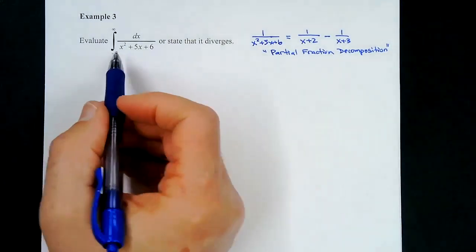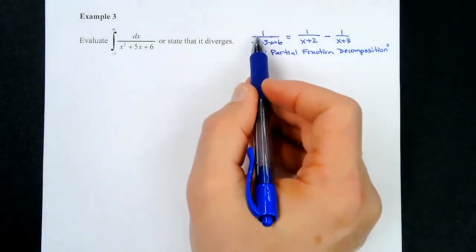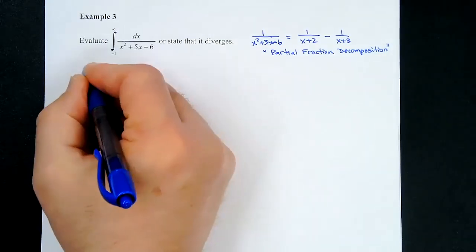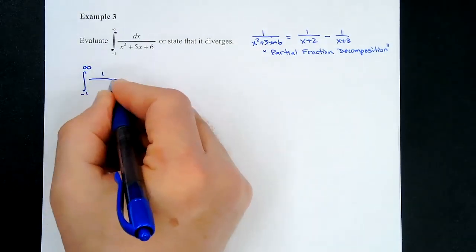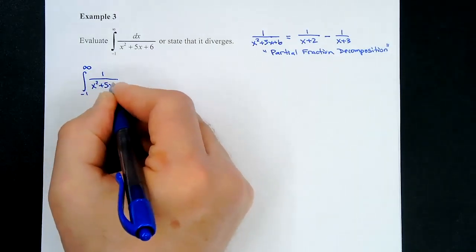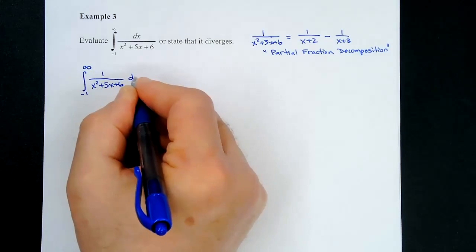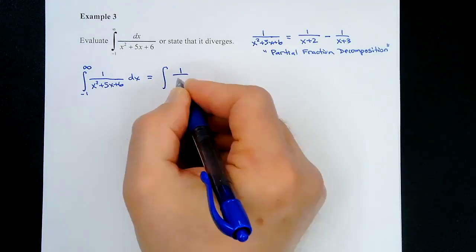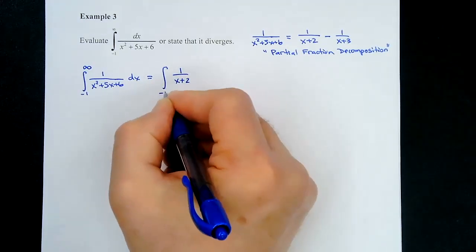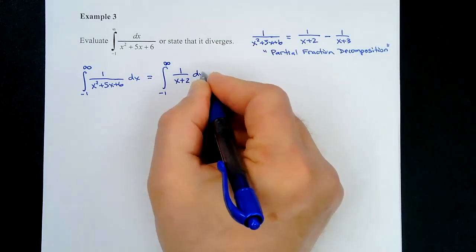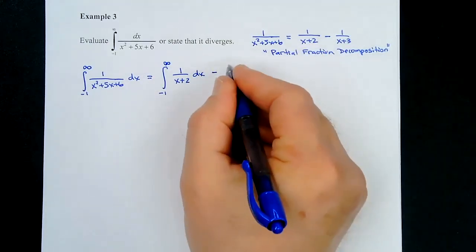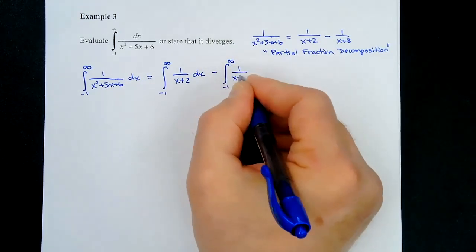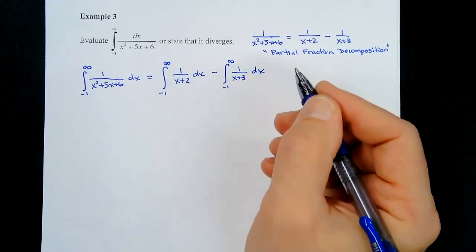Okay, so we want to evaluate this. This function is going to become this function. We start with the integral from -1 to infinity of 1 over x squared plus 5x plus 6 dx, and that becomes the integral of 1 over x plus 2 from -1 to infinity dx, that's just that piece, and then minus the integral from -1 to infinity of 1 over x plus 3 dx.